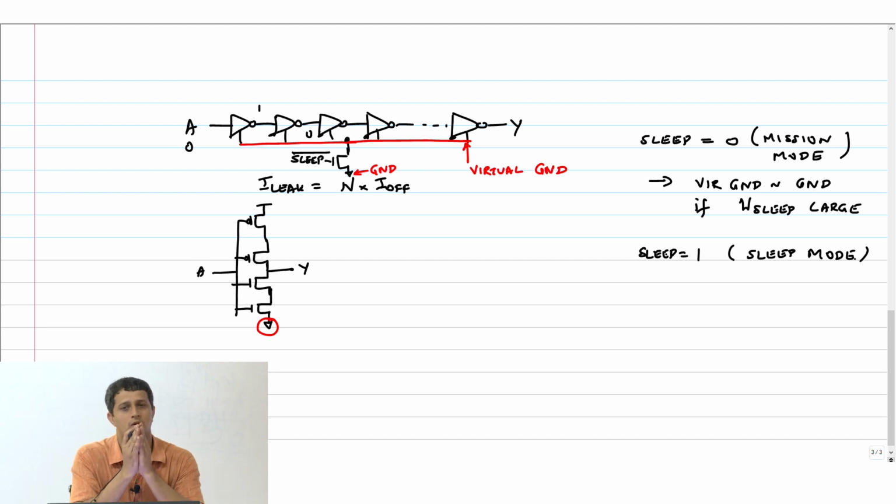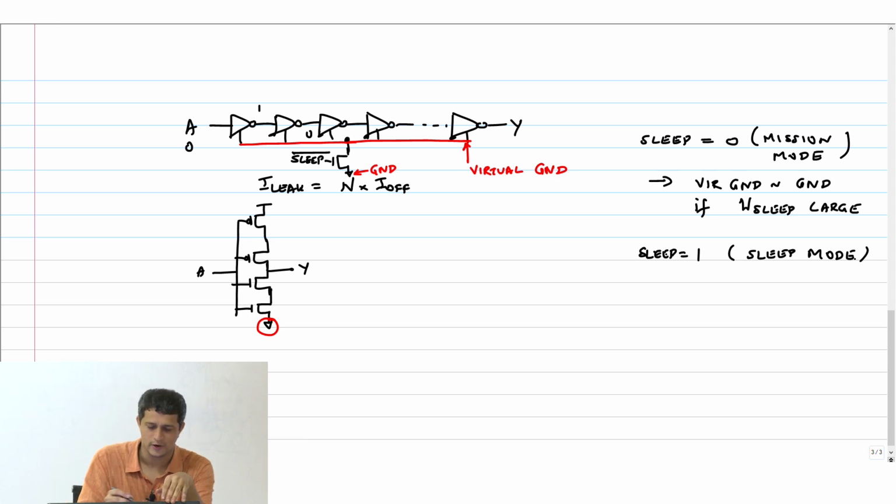Now, if sleep equals 1, this is basically sleep mode. Right? What will happen when sleep equals 1? The NMOS transistor, the sleep transistor, is off. Now what happens to the stack of every single inverter? Every single inverter on this is now going to see 2 stacked transistors from the output to the ground on the NMOS side only, not on the PMOS side, right?